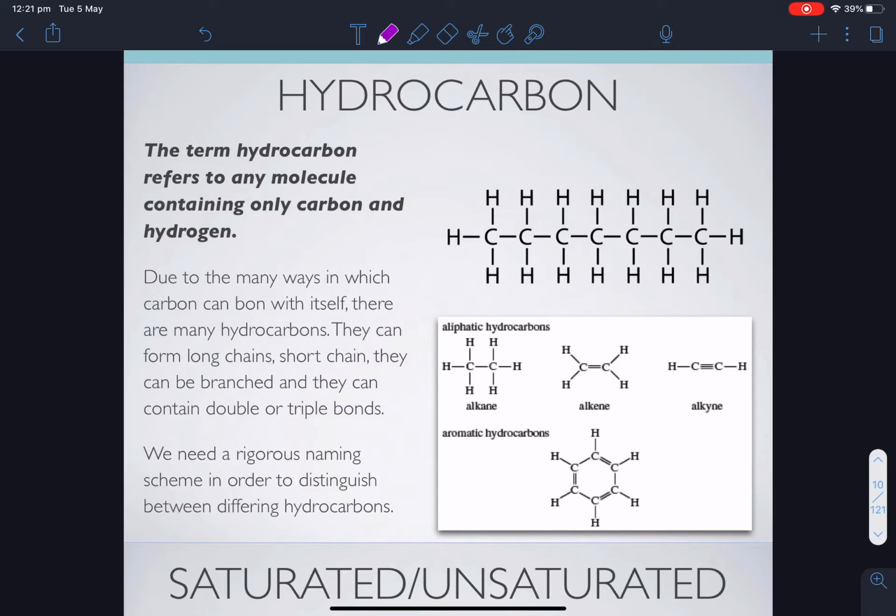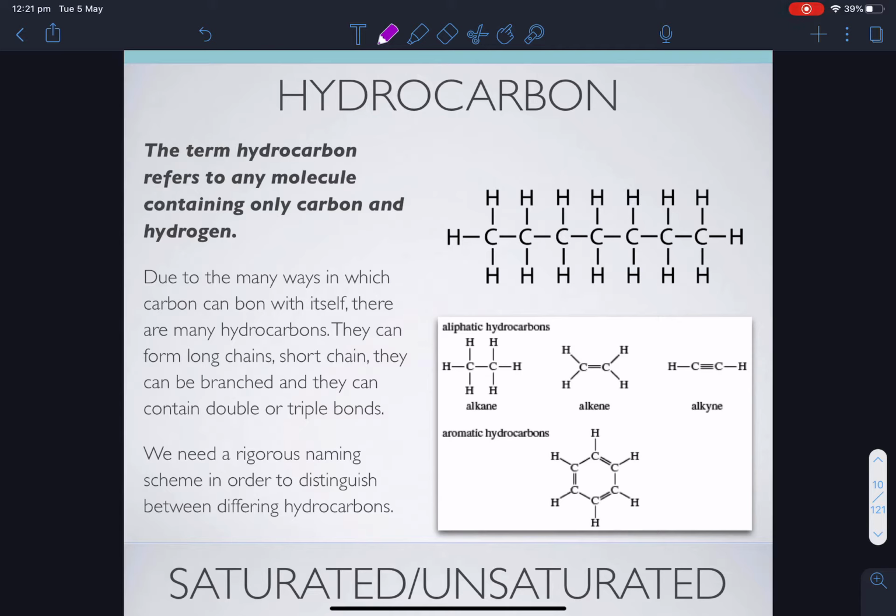What happened was, when they all started to discover these, they said, we need a naming scheme. We're going to start with this kind of idea. And as more and more of these molecules got discovered, that naming system got adapted until it was at the breaking point and couldn't really do a good job.